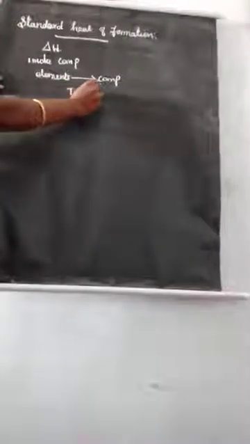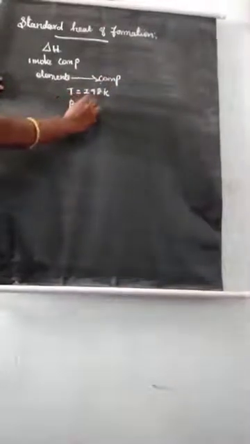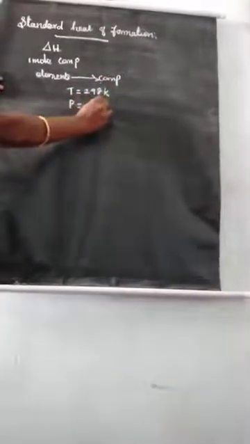What do the standard conditions mean? Temperature and pressure are constant: temperature 298 Kelvin and pressure 1 bar. Sorry, standard temperature means 25 degrees Celsius.